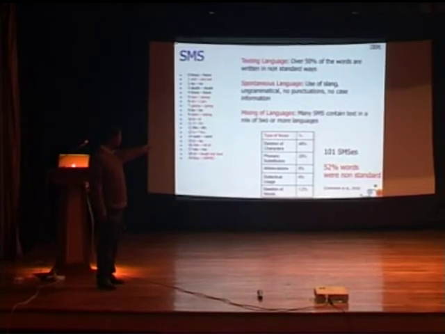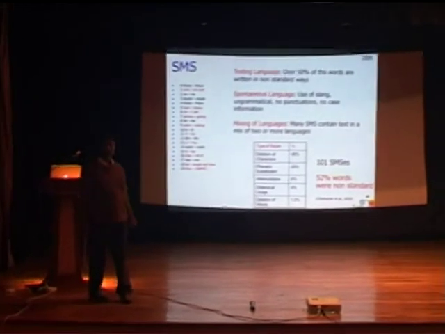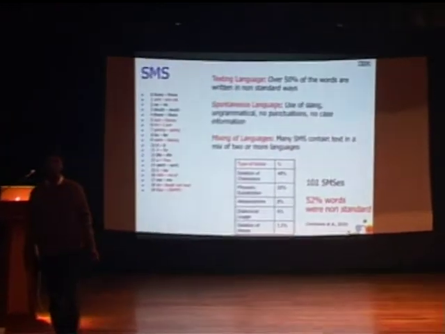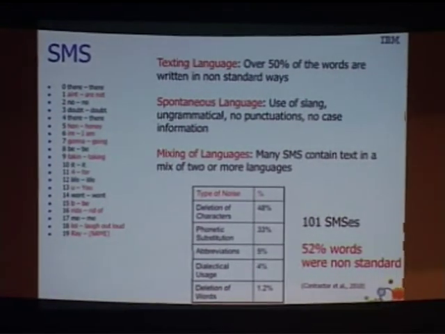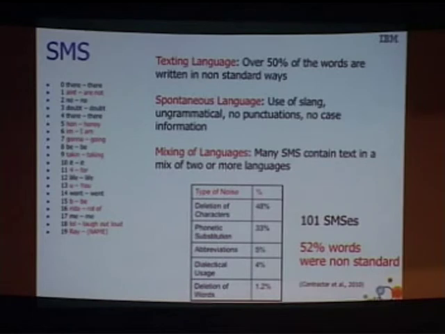So the kind of noise we're looking at: deletion of characters, phonetic substitution, abbreviations, dialectical usage, deletion of words. People make all sorts of, and these are surface form mistakes. People make a lot of grammatical mistakes. They mix languages. They mix Hindi, Bengali, English, all of this.